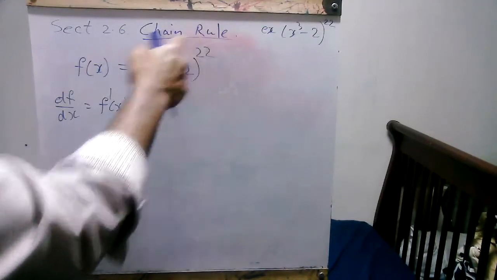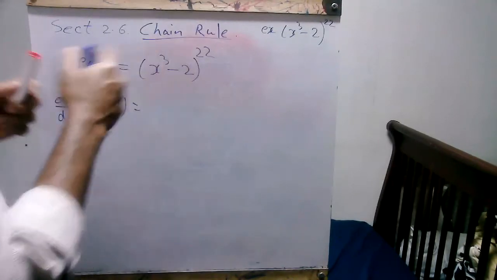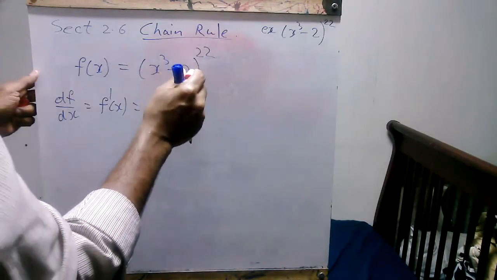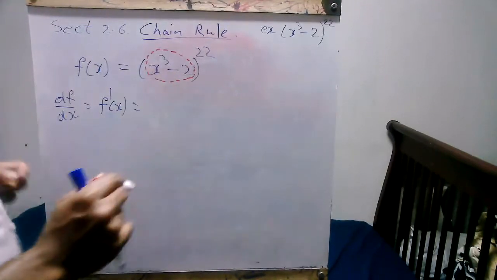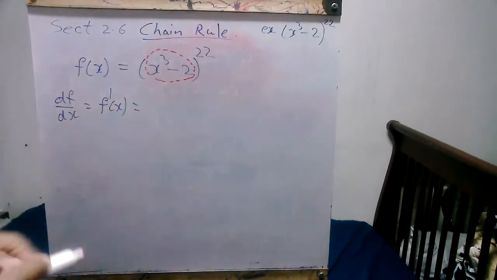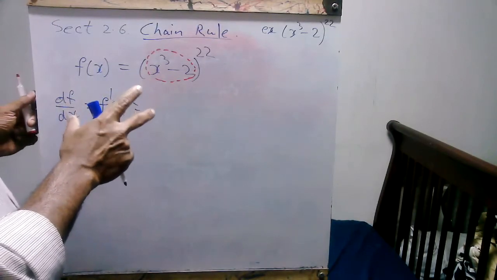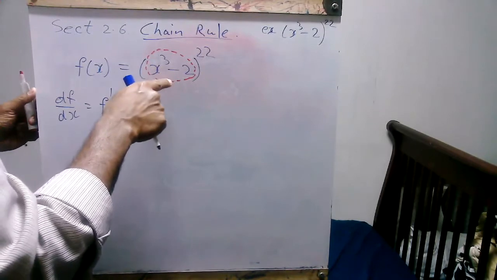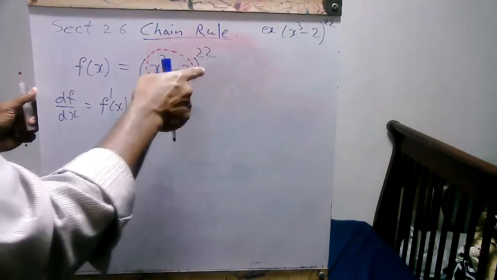When we use the chain rule, in your mind you simply assume this as u. You may write it separately if you're having a hard time to imagine that, but you will see this is quite easy.